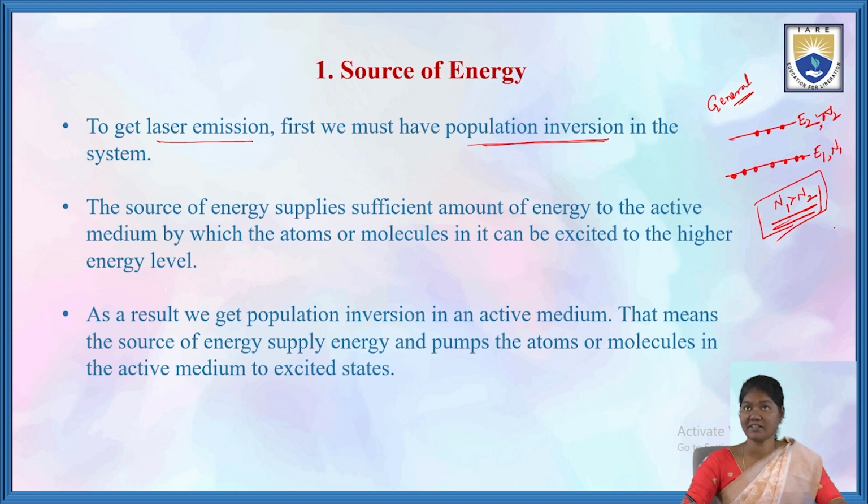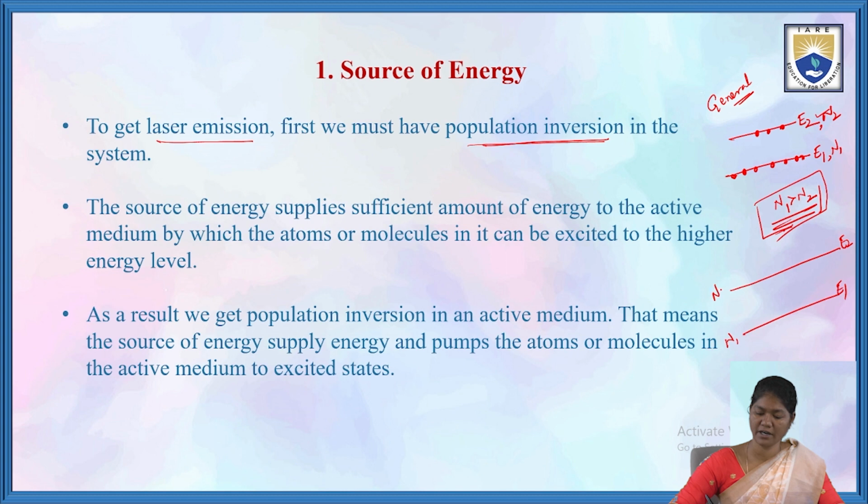So in the general condition, there are more atoms at the lower energy level compared to the higher energy level, so N1 is greater than N2. Making N2 greater than N1 means how would it be? So E2, E1, N1, N2.